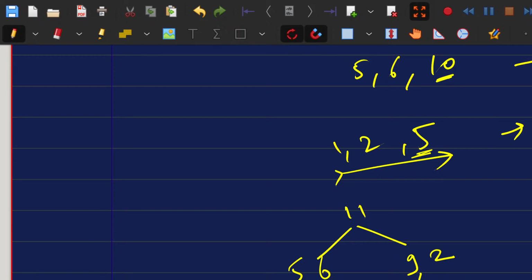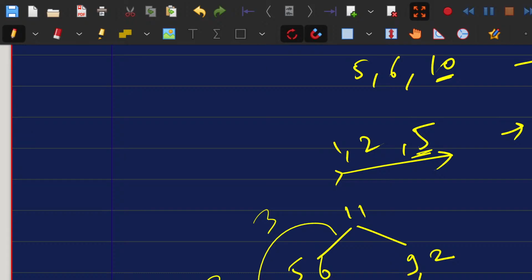We choose 2, we can't choose 5. We want to choose 2 because we have to choose 1. So this will return 1, and this will return 3 from here. And we find the minimum.